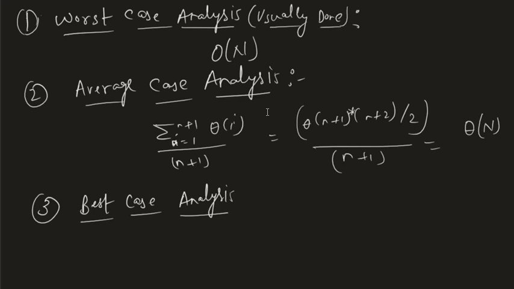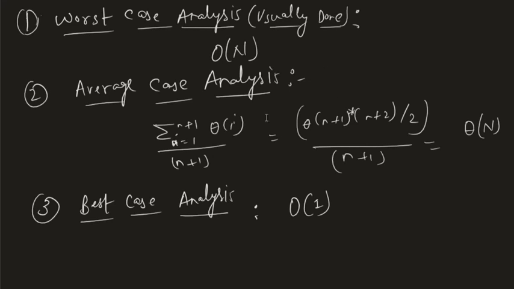In a linear search problem, the best case occurs when x is present at the first location. The number of operations in the best case is constant, that is here only 1. If the number is present at the first location, we only run our loop a constant time, that is 1. So time complexity in the best case will be big O of 1.